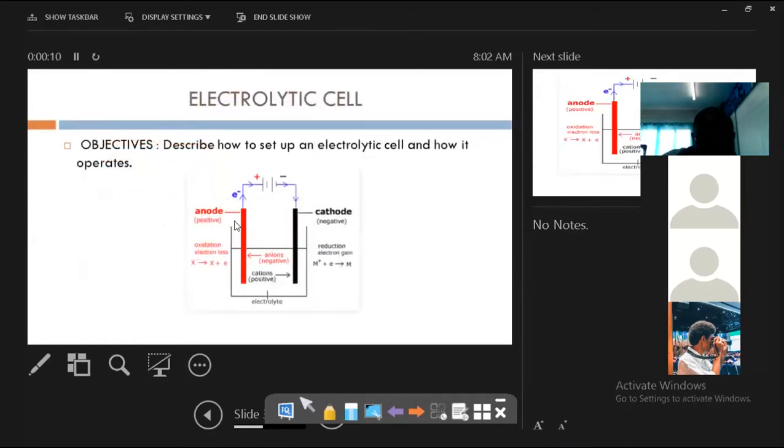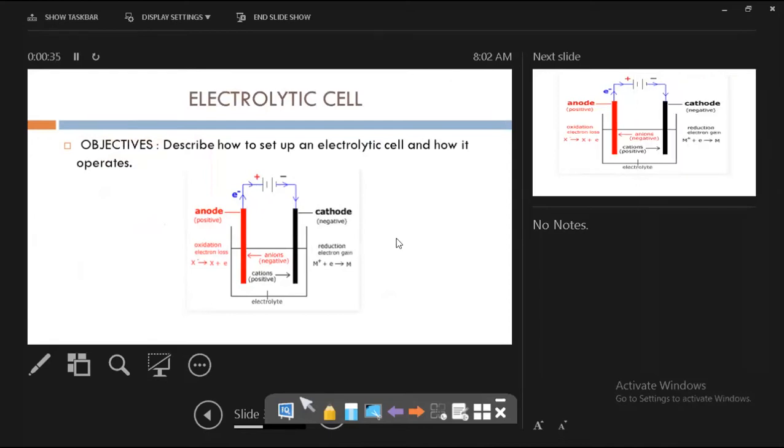So again, for the electrolytic cell, the flow of electrons is from positive to negative. The anode is the positive electrode, and the cathode is the negative electrode. All right.